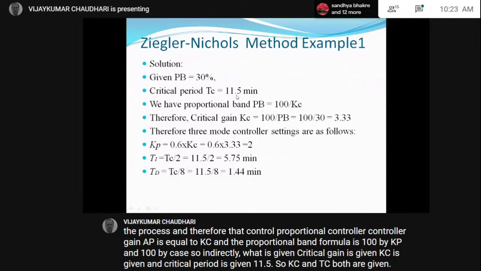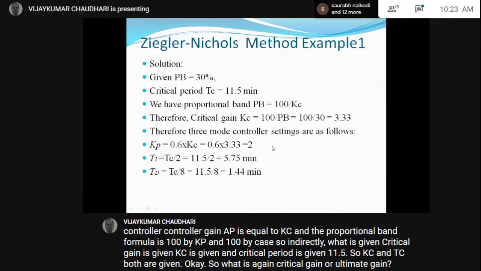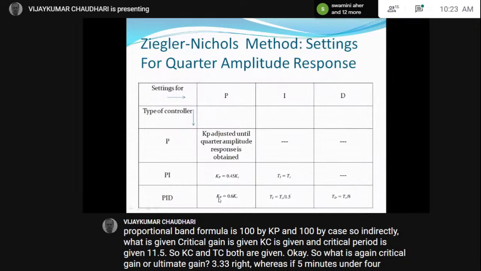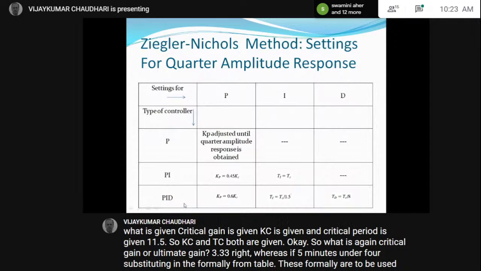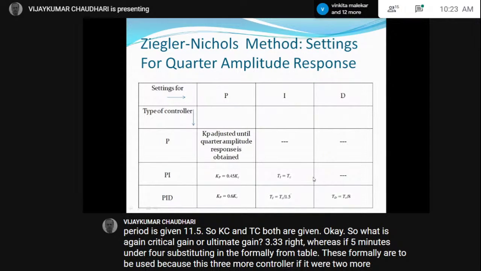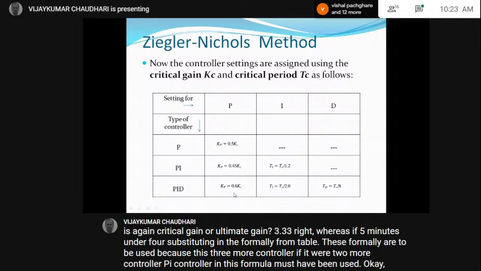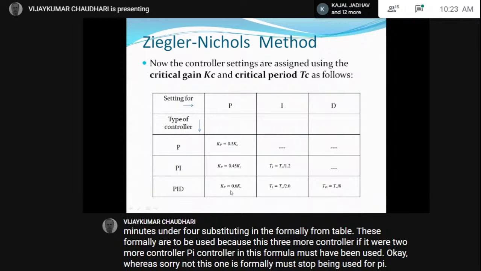Whereas Tc is 11.5 minutes, and therefore we substitute in the formulae from the table. These formulae are to be used because it is a three mode controller. If it were a two mode PI controller, then other formulae would have been used. Since we want three mode control, these formulae should be used.